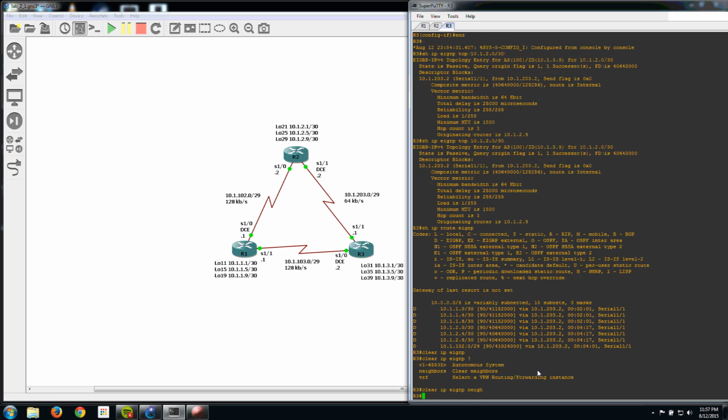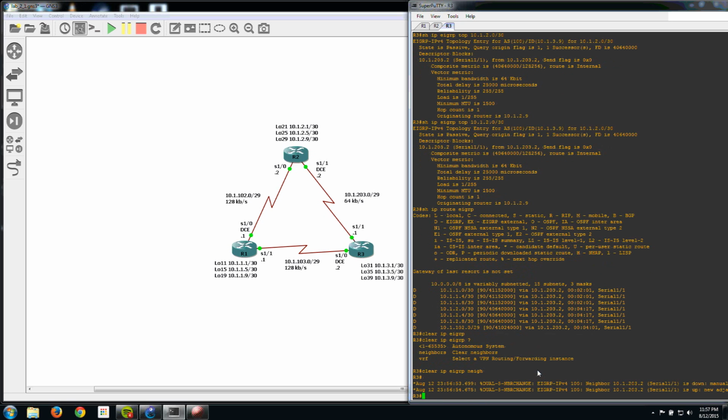Let's do this. Let's rebuild. I'm only seeing one neighbor going down. 10.1.203.2 is router 2.